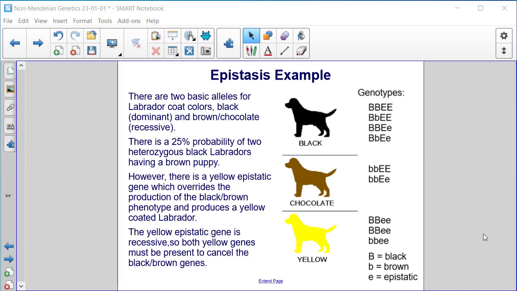However, there is a yellow epistatic gene which overrides the production of the black-brown phenotype and produces a yellow-coated Labrador. The yellow epistatic gene is recessive, so both yellow genes must be present to cancel the black-brown genes.